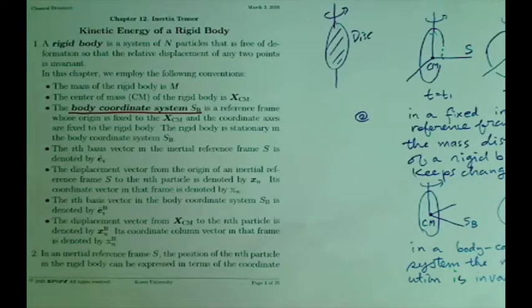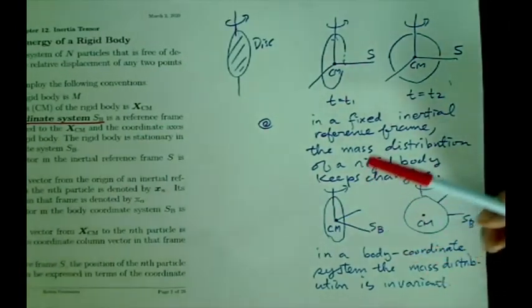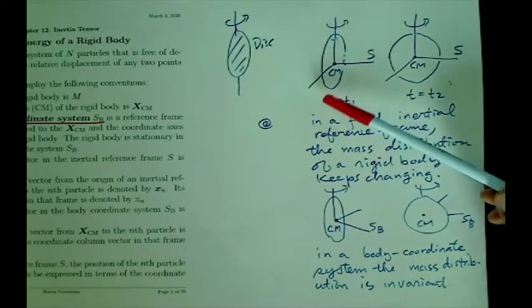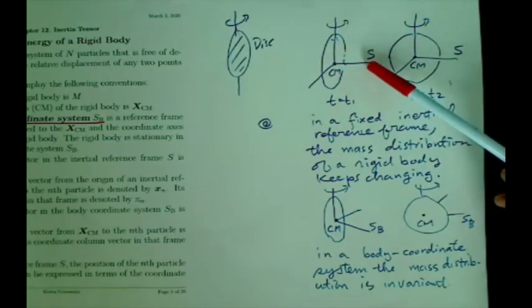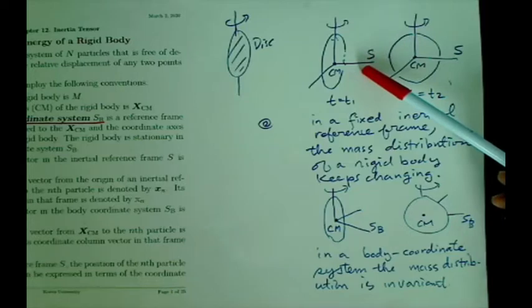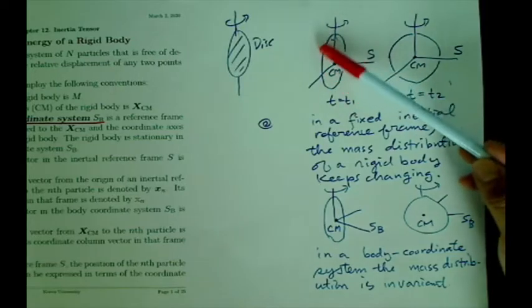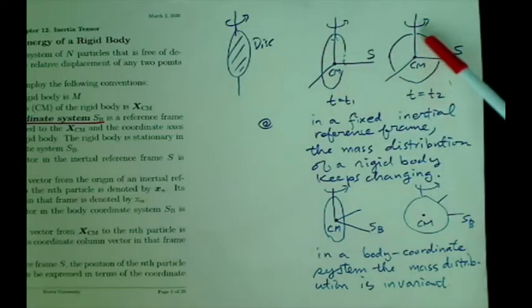And the inertia tensor may depend on the distribution of the particles. Suppose that we rotate a disk in an inertial reference frame. If it rotates, the distribution of mass depends on time.